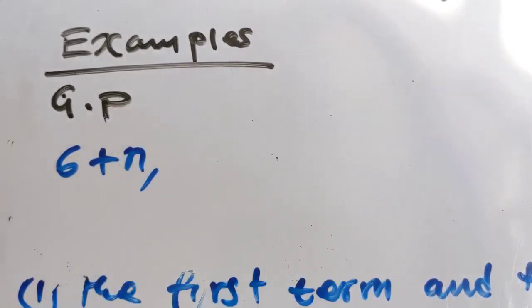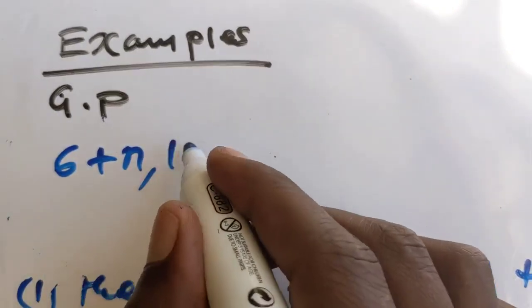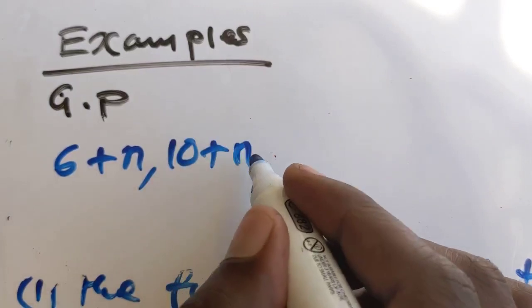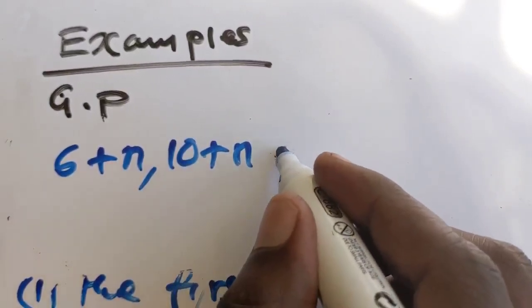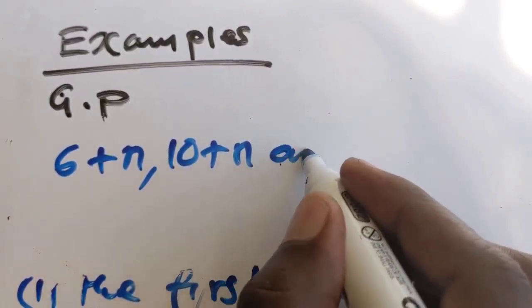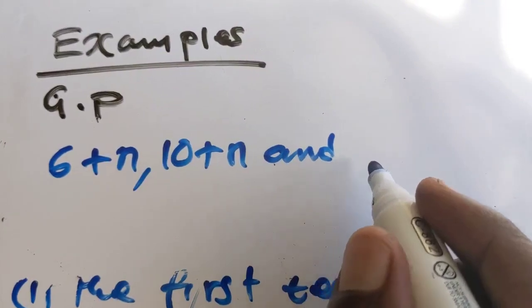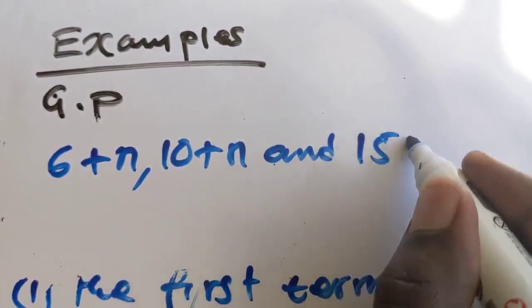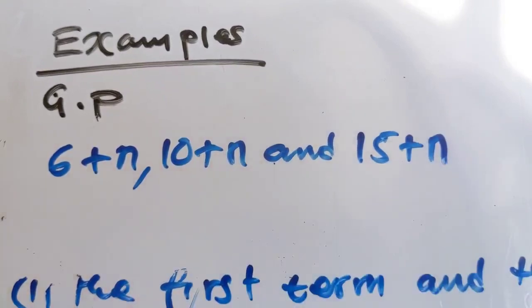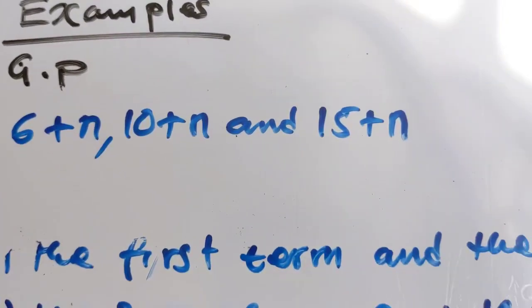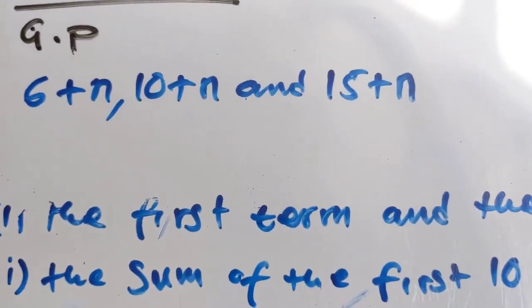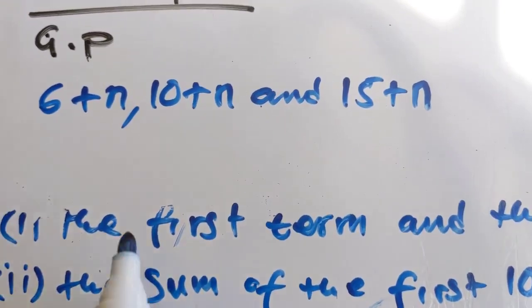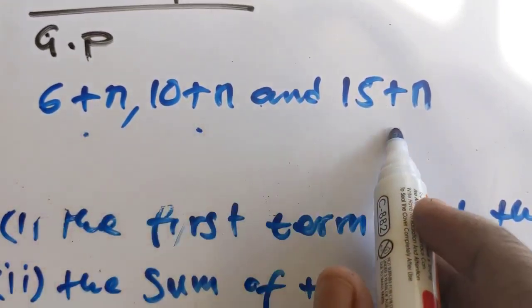The second term is 10 plus n. Then the third term is 15 plus n. This is the first term, second, the third.